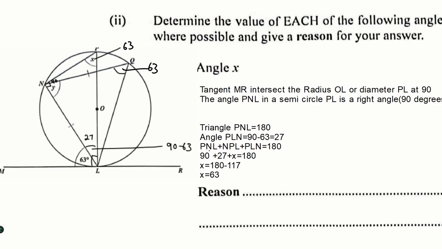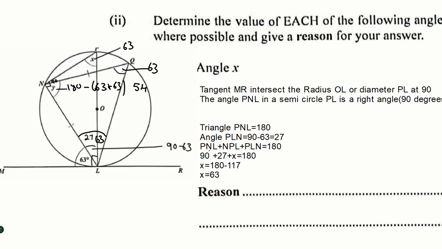Angle Y. So if this is 63, therefore this would be 63 because they are equal, then angle Y would be 180 minus 63 plus 63, which is equal to 54.